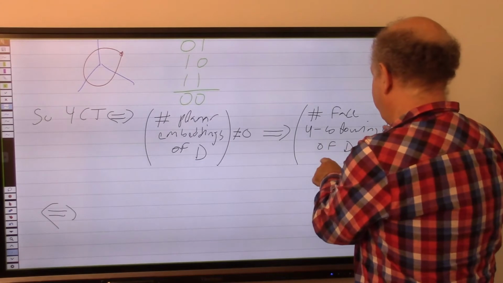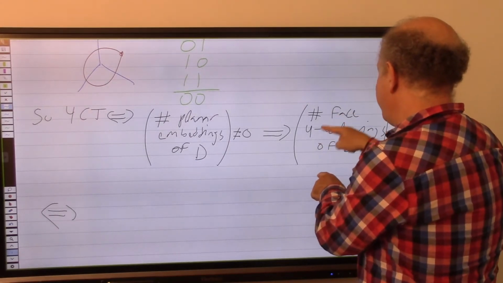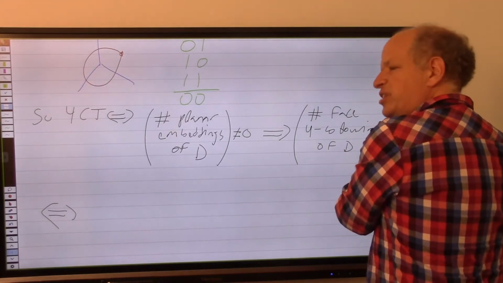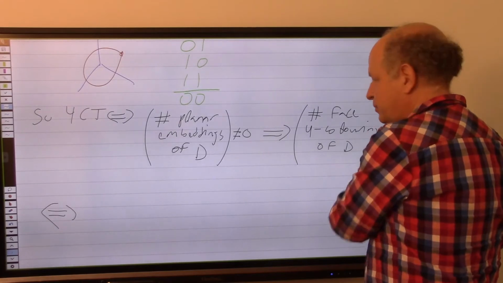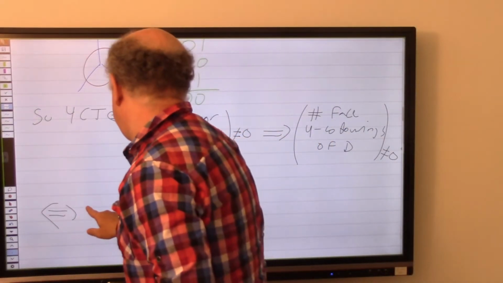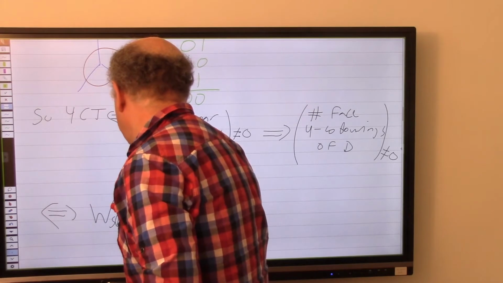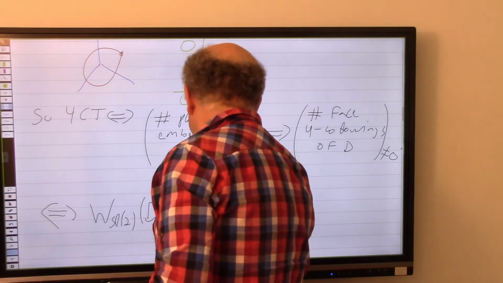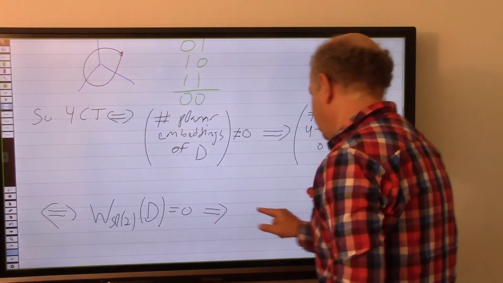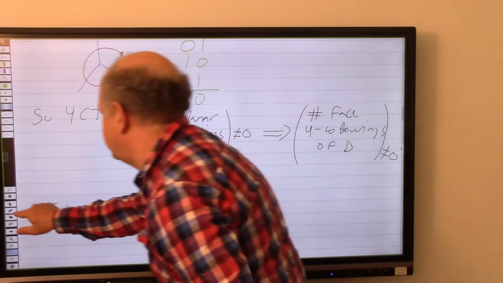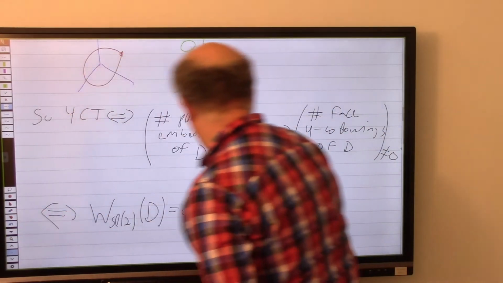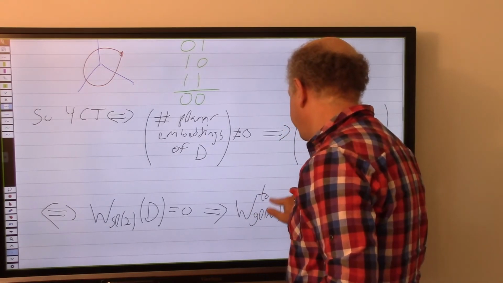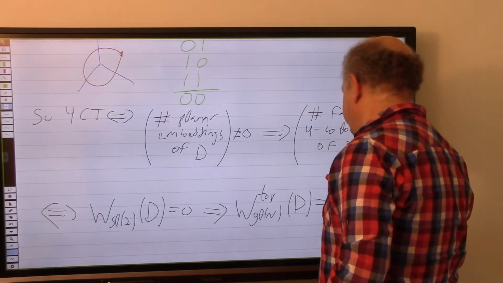So this is equivalent to: if the number of face 4 colorings is equal to 0, but that's the same as saying that the SL2 weight system of D is equal to 0, then this implies the negation of this, so the GLN weight system of D is equal to 0.